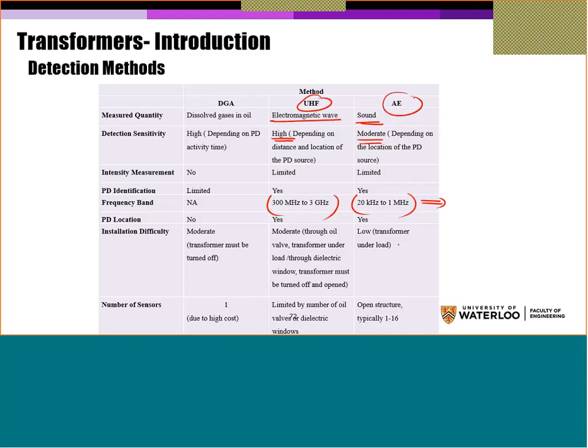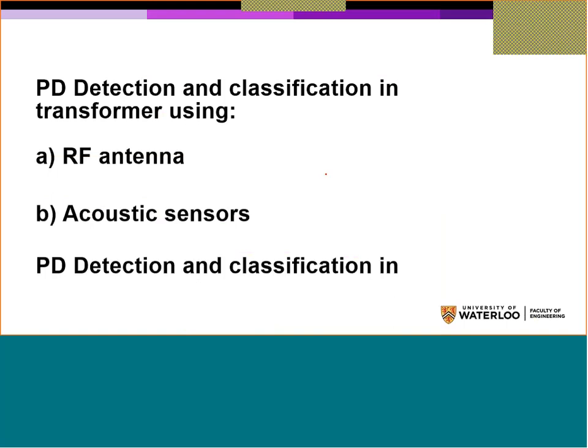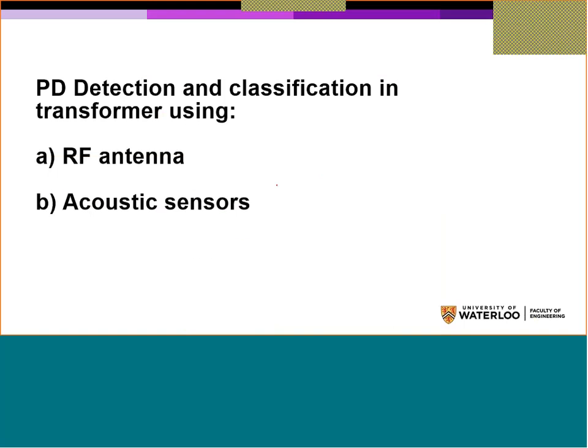This is important. I can have multiple of those sensors, and this is very important to localize the partial discharge. Now with the antenna, it's very hard to have multiple of them, as I mentioned, unless you pre-install them before you energize the transformer.